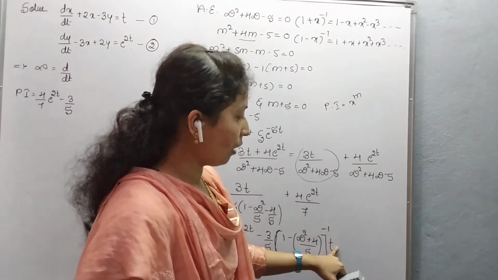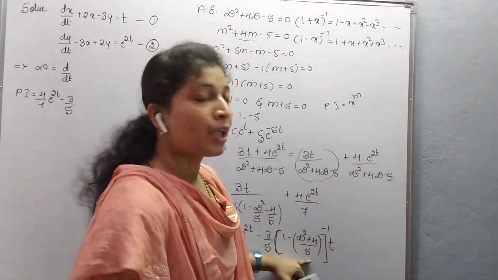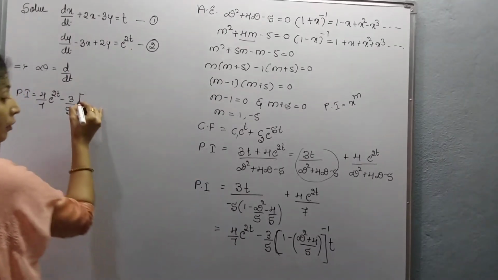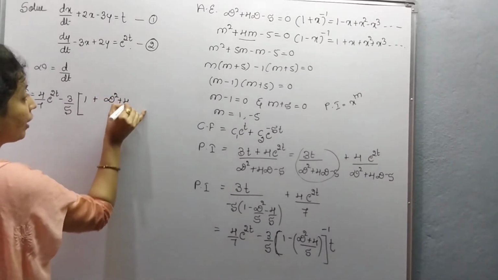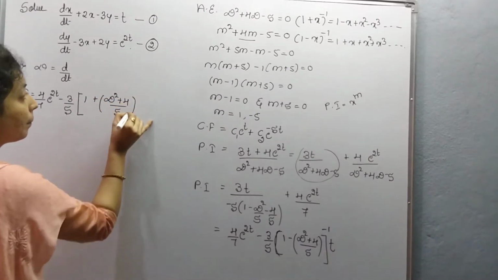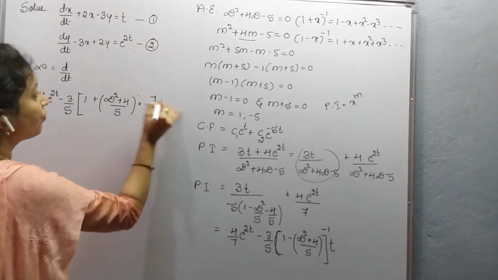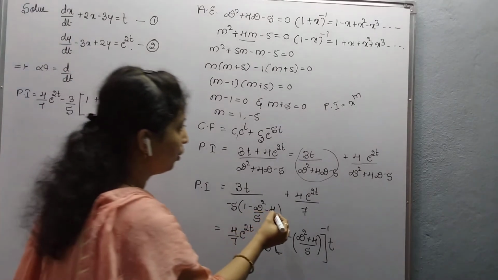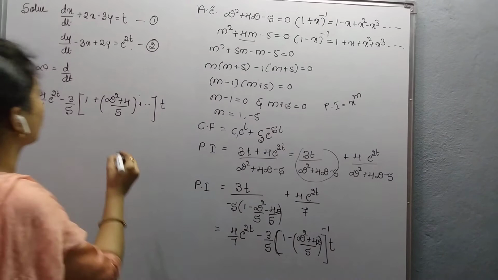Here the power of t is 1, so we expand up to the power 1. So the expansion of this term is 1 plus (D square plus 4D) divided by 5, and so on, into t.